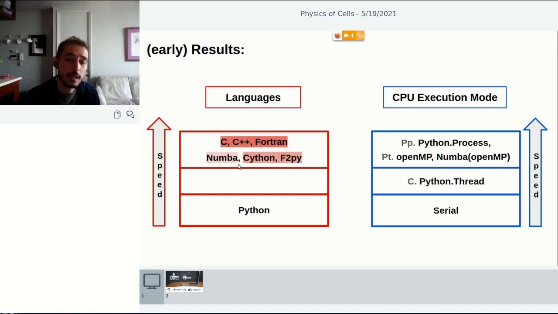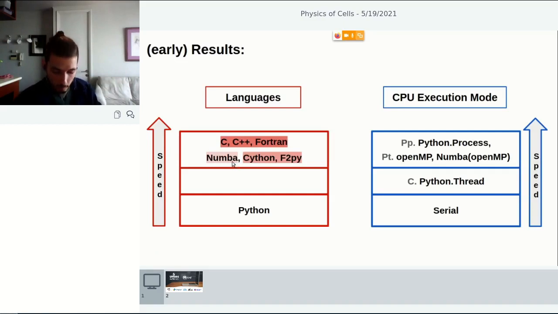So what are these colors here? Basically, the darker the color gets, the more liberty and more control of what's happening you have. So Numba is ridiculously easy. There's no reason why we shouldn't try to use Numba, because you don't need to change almost anything about your code.